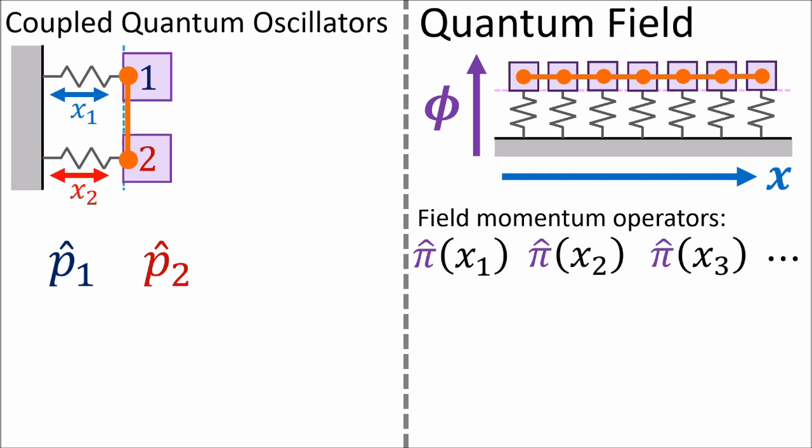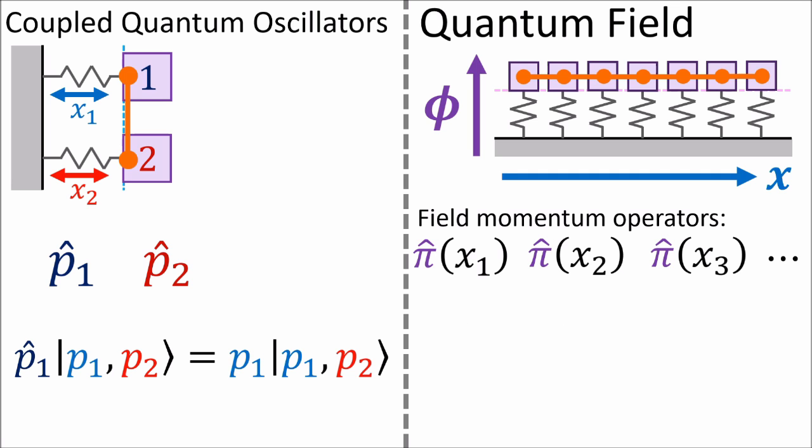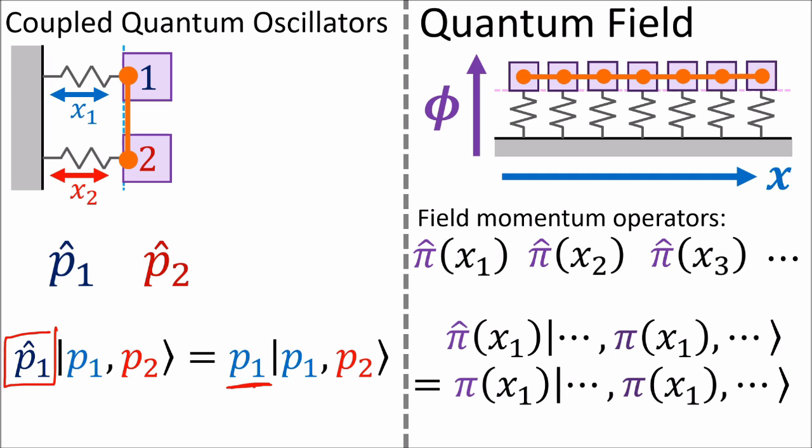In the coupled oscillators, exact momentum eigenstates were labeled with a pair of momentum p values, and the p hat momentum operators would act on these eigenstates to return the momentum eigenvalues associated with one particular oscillator. For the quantum field, the exact momentum eigenstates are labeled with an infinite number of pi values. The pi hat momentum operators would then act on this eigenstate to return the momentum eigenvalue associated with one particular oscillator.